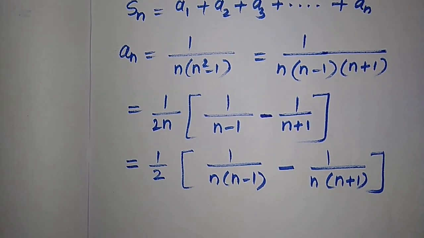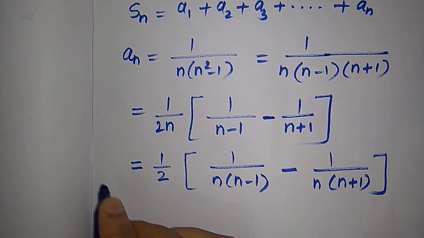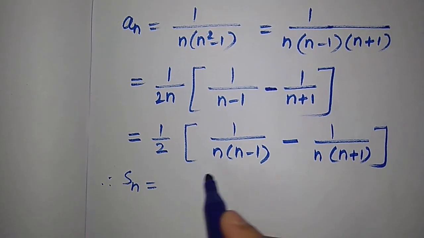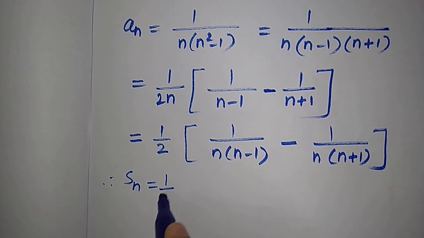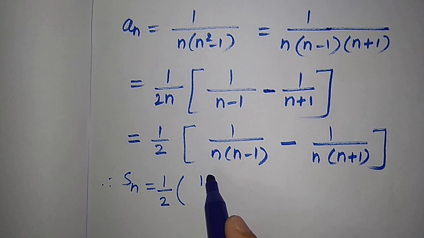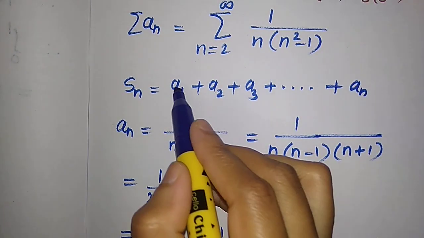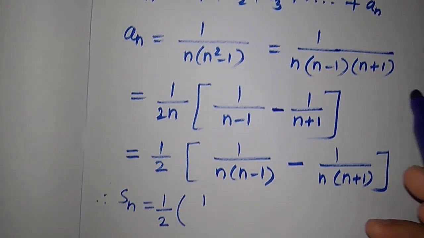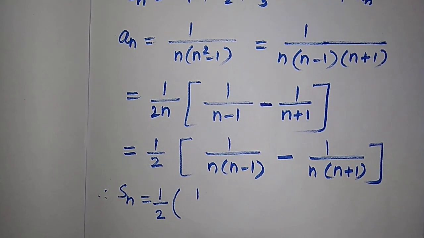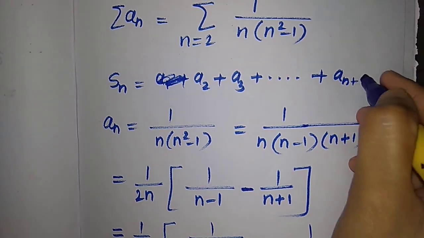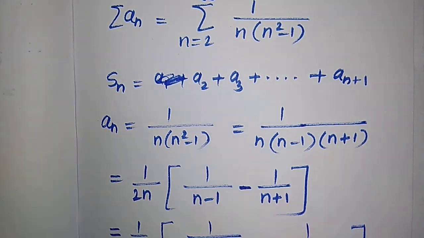So just write down Sn. Therefore this Sn is equal to a1, so what is a1? It is starting from 2, so it is a2 plus a3 plus so on up to an plus 1 because we are starting from a2.